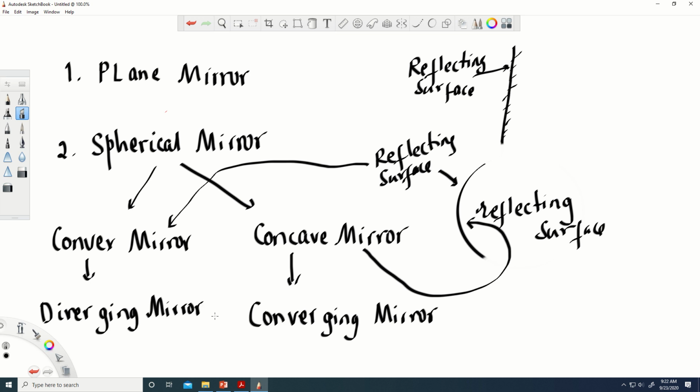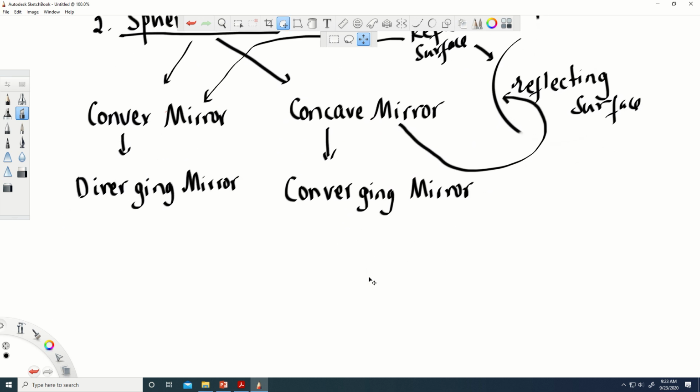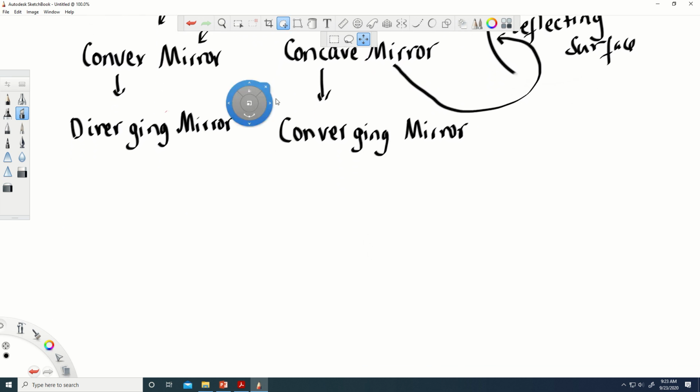Yeah. So in this lesson we will be talking about the spherical mirror. Now, like I said before, these mirrors, concave and convex, are parts of a big sphere.